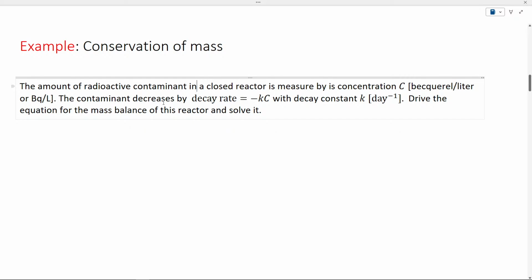The contaminant decreases by a decay rate K, where K is a decay constant, like 1 over day. Derive the equation for the mass balance of this reactor and solve it.